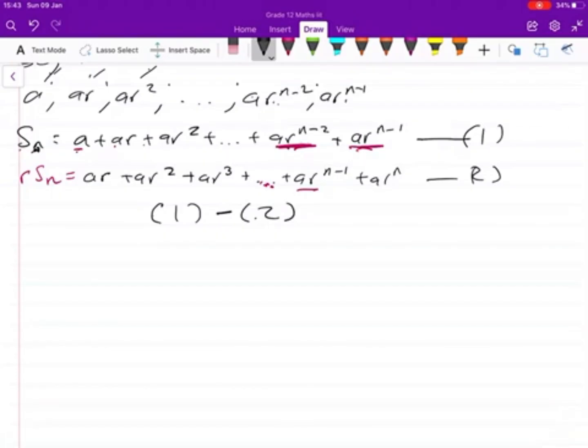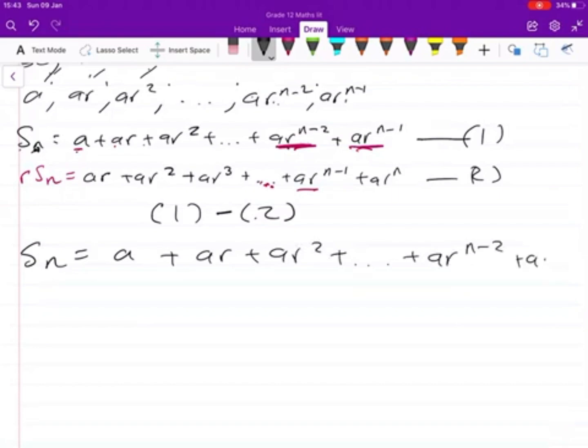So now Sn this time becomes what, guys? It becomes positive. So now we are having Sn equals A plus AR plus AR squared dot plus AR^(n-2) plus AR^(n-1). Now this becomes negative. Very important. This now becomes negative so that we have RSn.